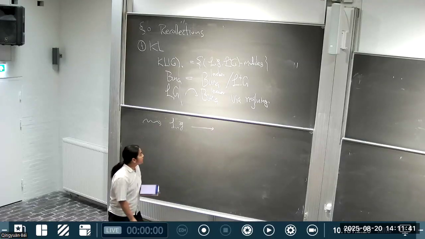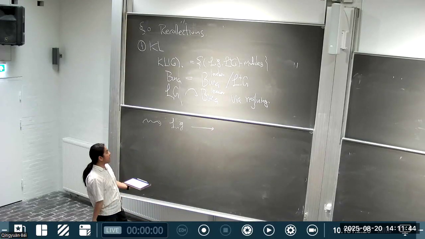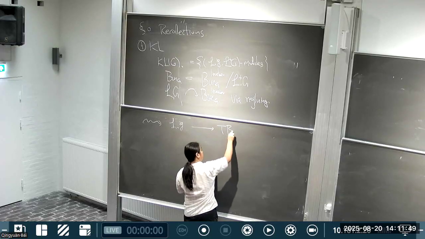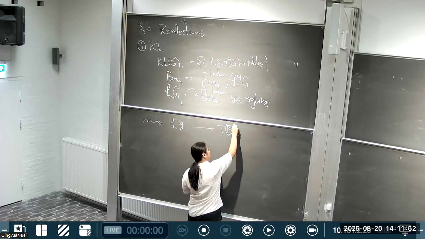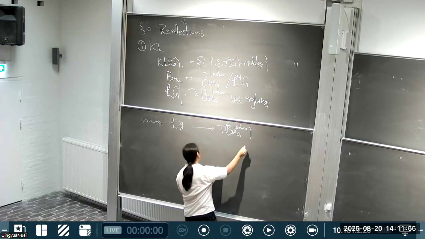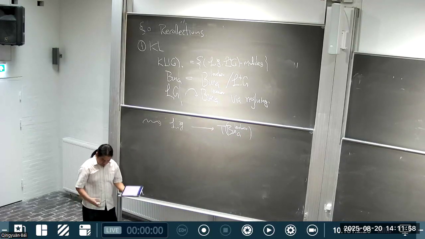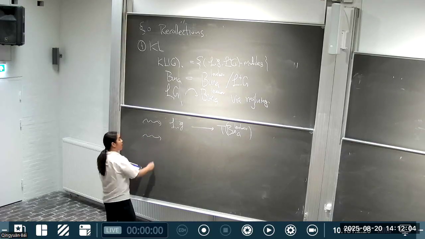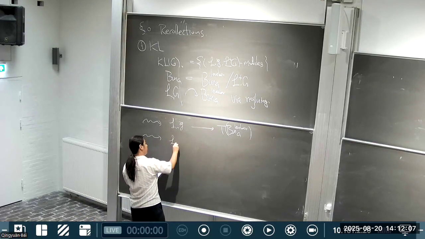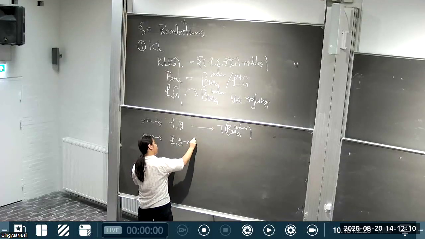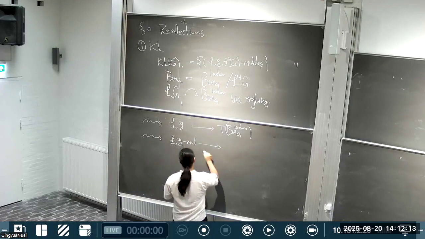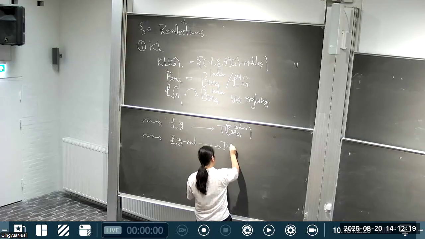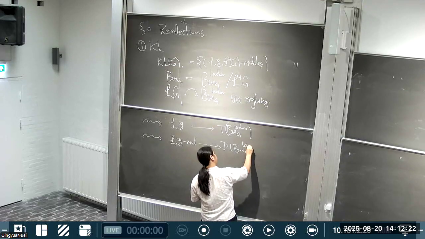It maps to vector fields, the Lie algebra of vector fields on this G-level infinity. And because it's a homomorphism between Lie algebras, it induces a homomorphism between the enveloping algebras, and by base change you obtain the functor from modules for this Kac-Moody algebra to D-modules on G-level infinity.